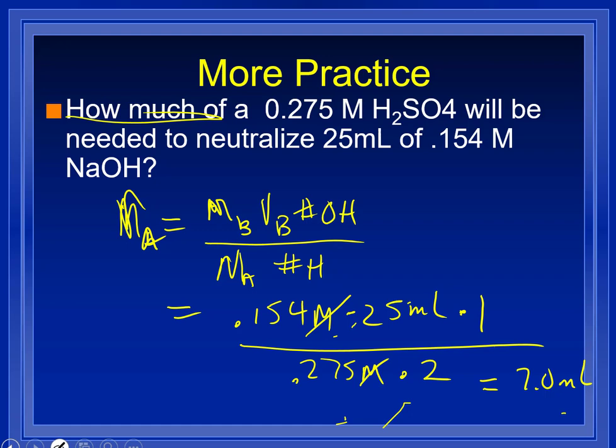Still getting 28? I think what you do is push times 2. Remember, it's on the bottom. You've got to divide by both of them, or you've got to use parentheses. Yeah, order of operations, right?